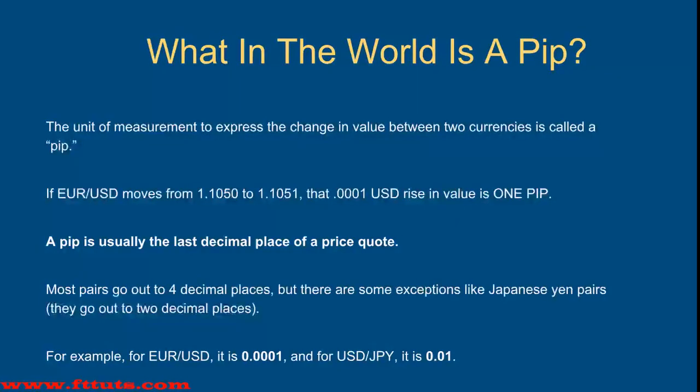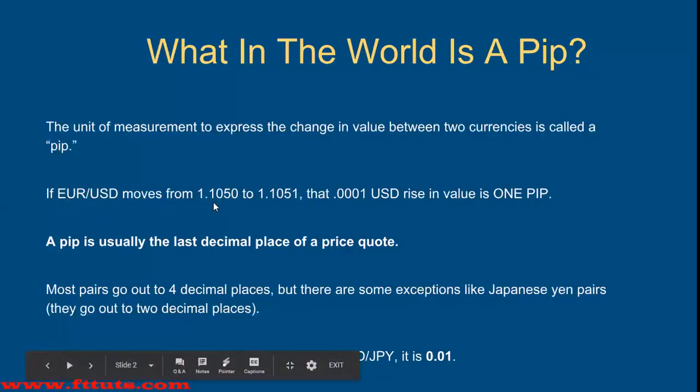So what in the world is a pip? We always see pips. You can call them points. A pip is a unit of measurement to express the change in value between two currencies. Say we have the Euro USD, one of the most traded pairs in the Forex market.